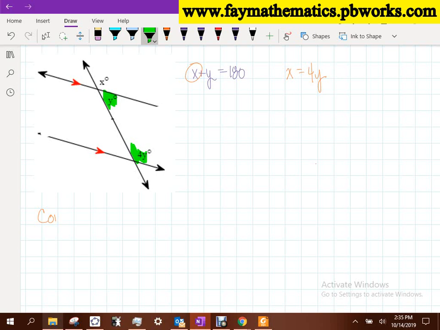And what are those two angles? As a group, are they interior or exterior? Interior, and are they on alternate or same side? So same side. So these are same side interior. So what are you going to say the relationship between those is?